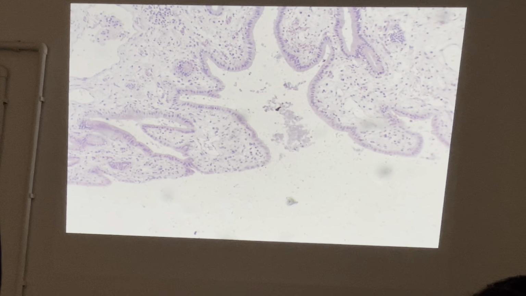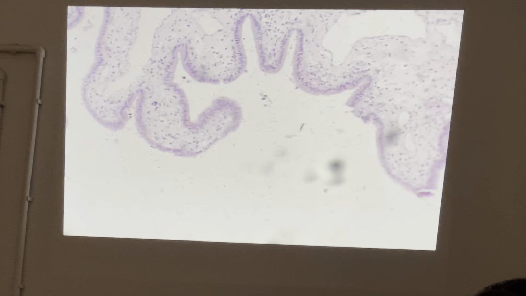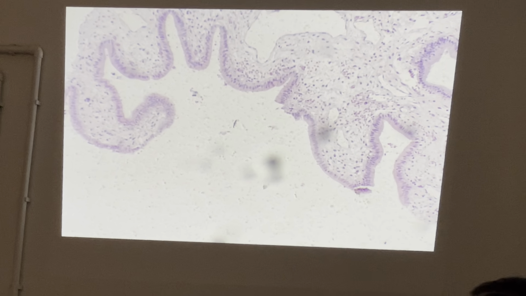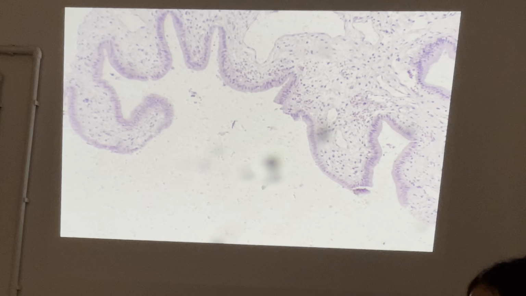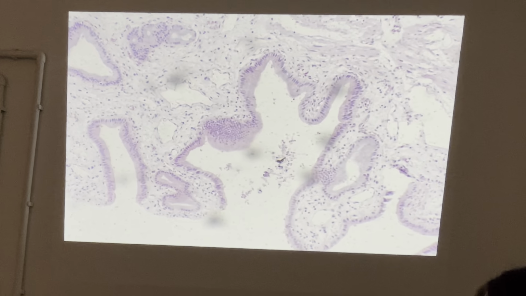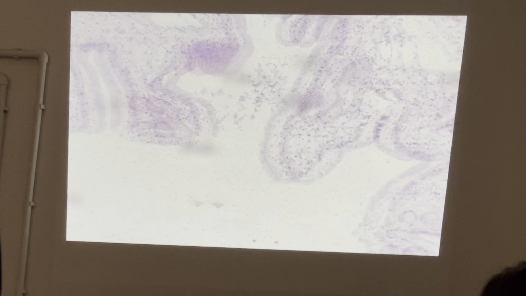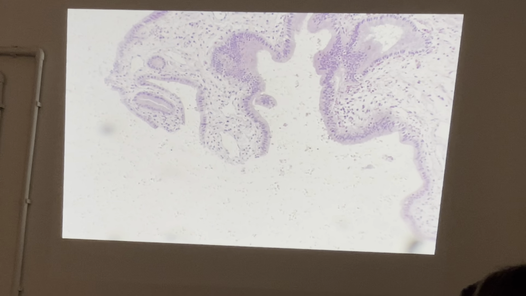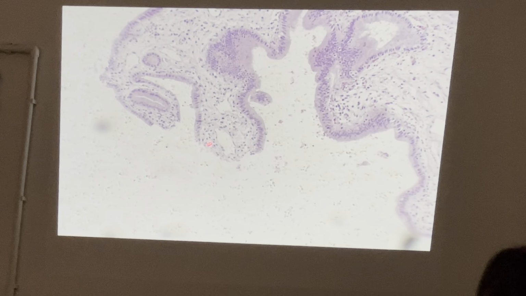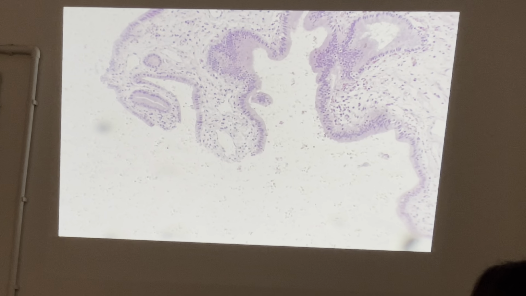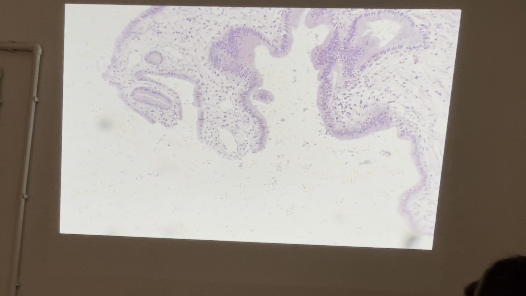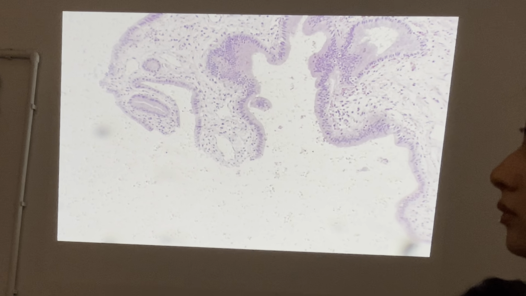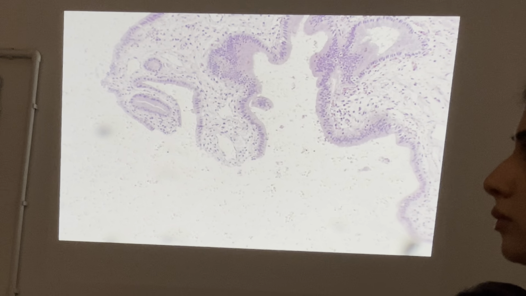Okay. What happened to the lining epithelium? So what we have here is a sloughing of the lining epithelium. There is a focal sloughing, and there is a diffuse sloughing.